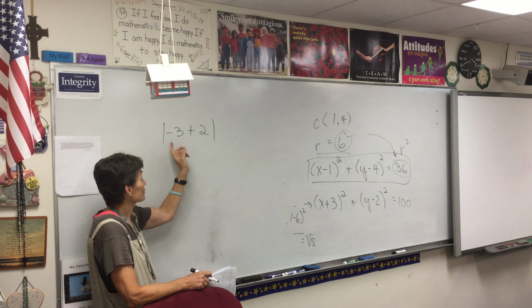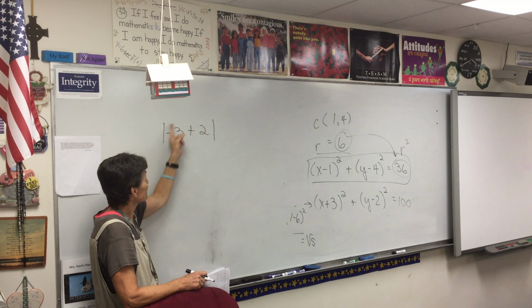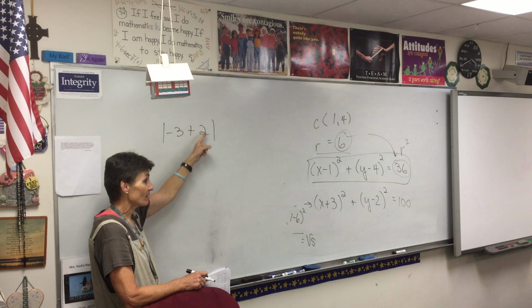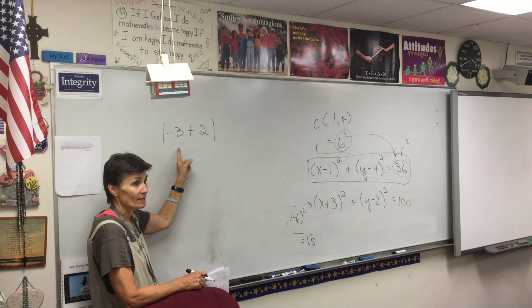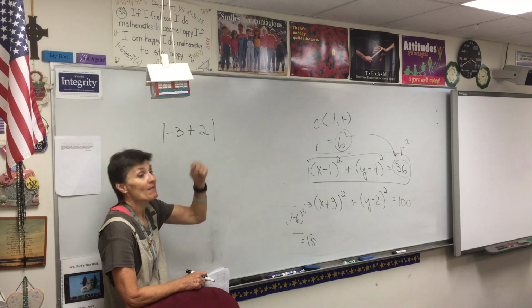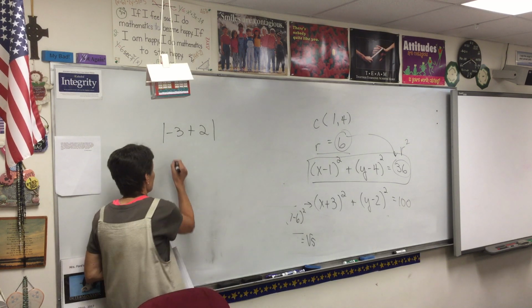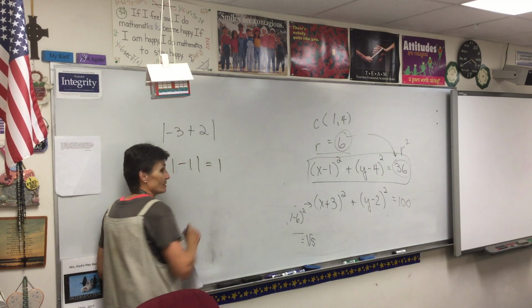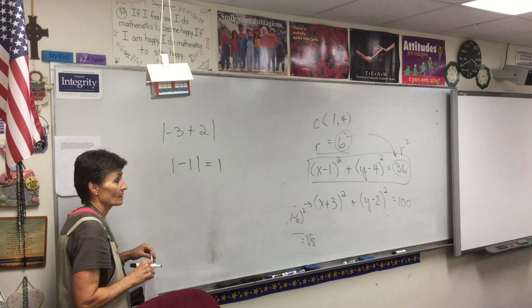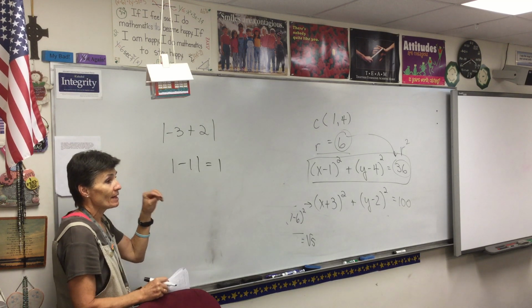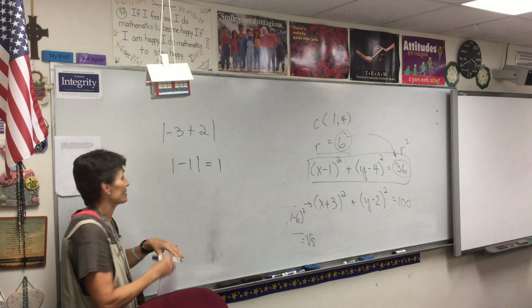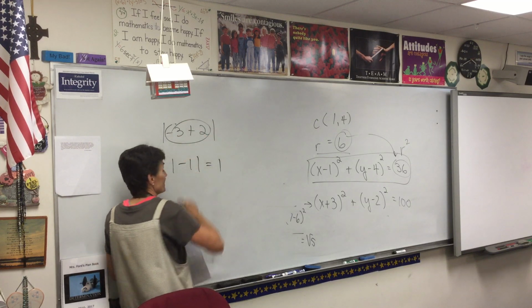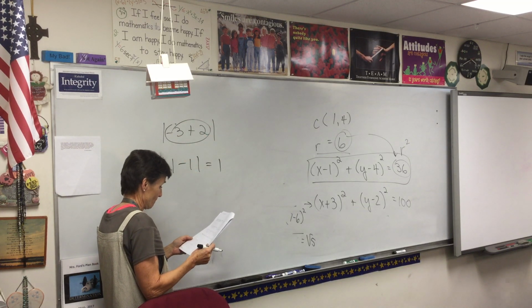That's not how it works. You have to add these together. So -3 plus 2 is -1, and then you make it positive. So the answer is 1. Do not make positive the individual pieces. You got to figure out what the whole thing is, and then make it 1.